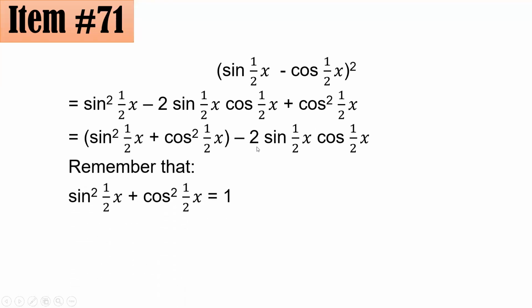How about ano naman po ito? 2 sine 1/2 x cosine 1/2 x. Ano po ito? Double angle identity po. If we will apply the double angle identity, if 1/2 x is our theta, then 2 sine of 1/2 x cosine of 1/2 x is sine 2 of 1/2 x, which is sine x, using your double angle identities.